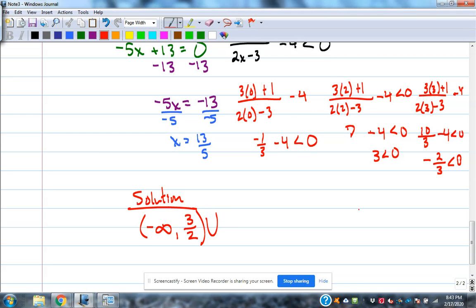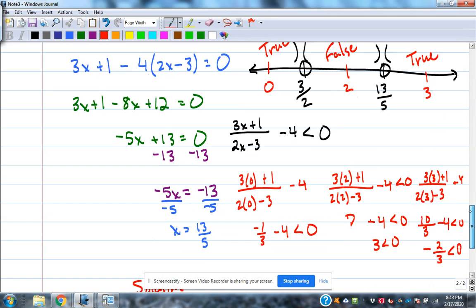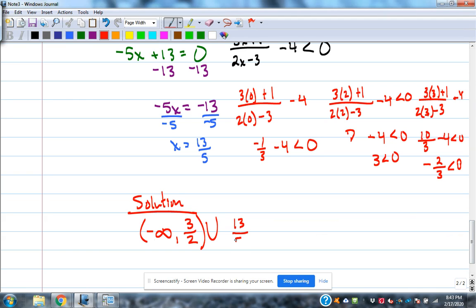And then where's the first place we're going to pick up for solutions? 13 over 5. So at 13 over 5, is 13 over 5 itself an answer? No, because remember our inequality did not have an equal to mark. So that's why it's an open circle on our number line there. So we're going to use a parenthesis for 13 over 5. And that one's going off into infinity. And there would be our interval notation for that.